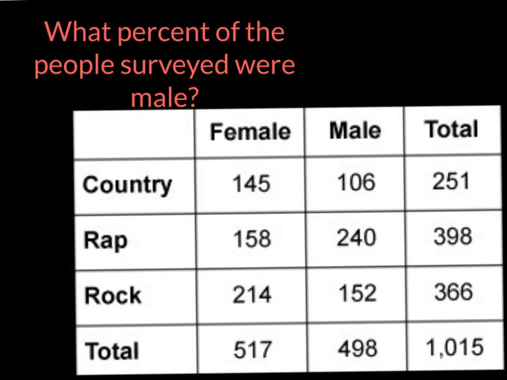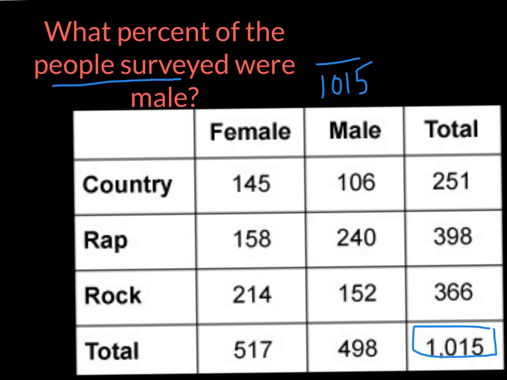Okay, so what percent of the people surveyed were male? So we need to ask ourselves, what is the whole and what is the part? So the whole, what percent of the people surveyed? So again, how many people were surveyed? 1,015. So that's my whole.